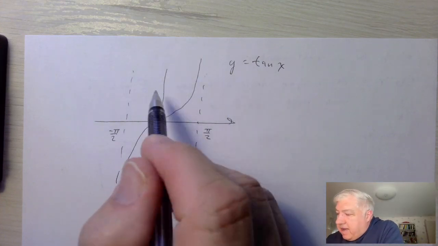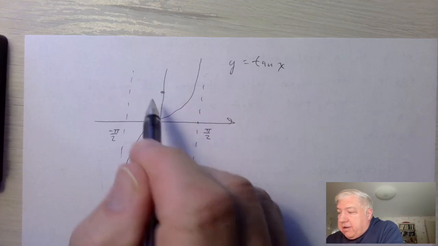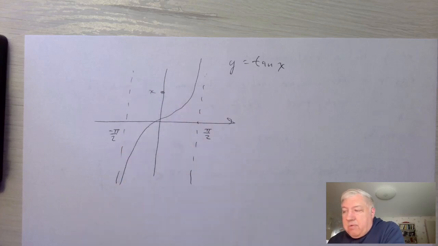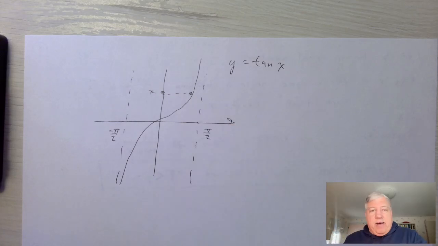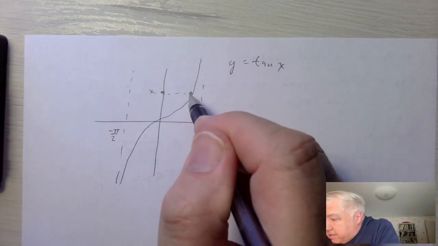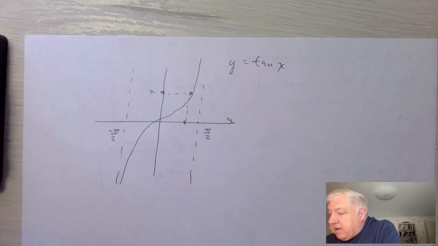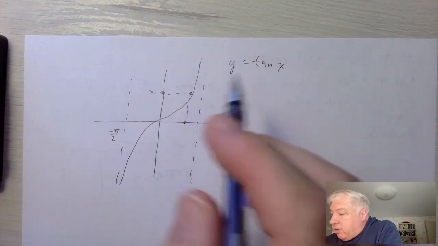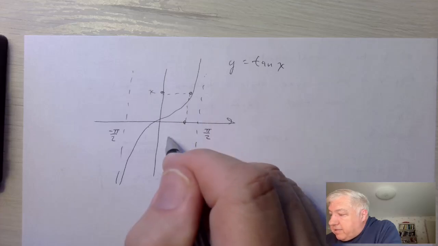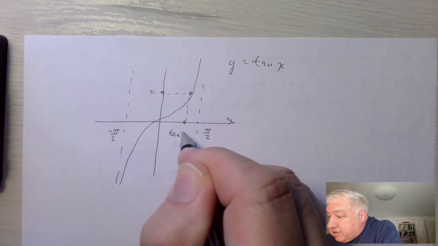And if you pick any number here, let's call it x, even though it's on the y-axis, there will be a unique point on the graph where the y-coordinate is equal to x, and then this is going to correspond to a certain number here. We're going to call the x-coordinate of this point the inverse tangent of x.